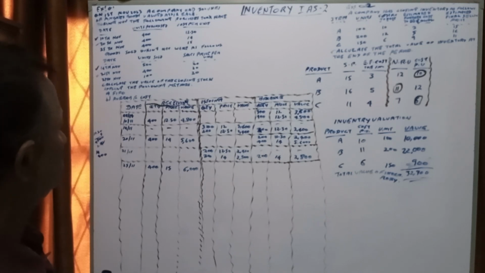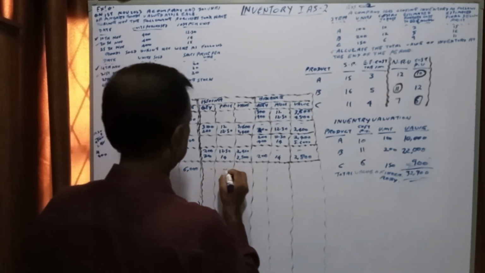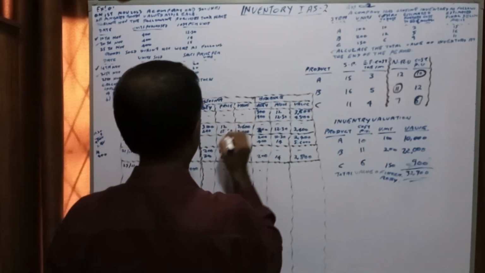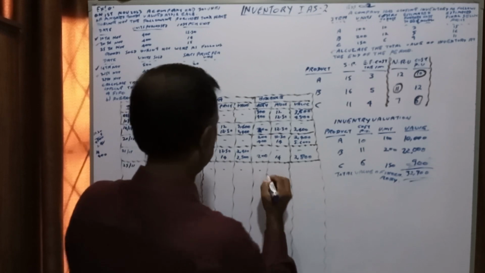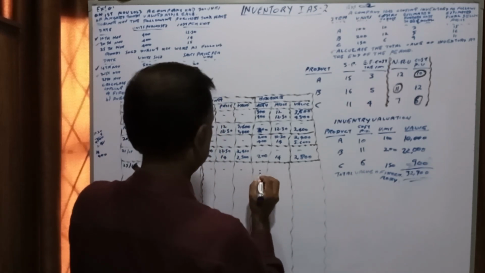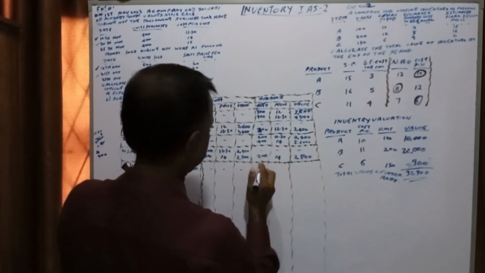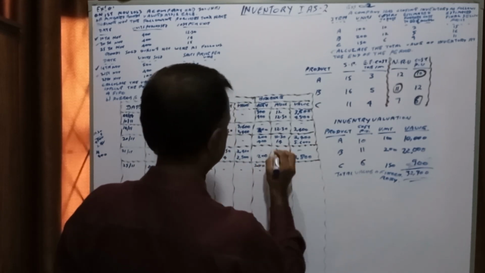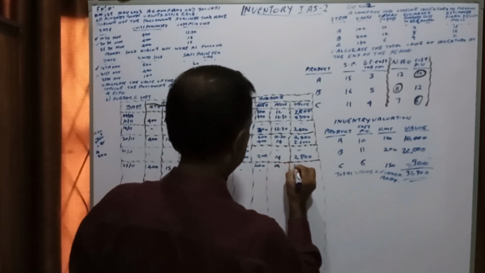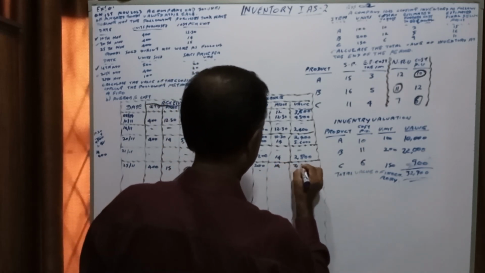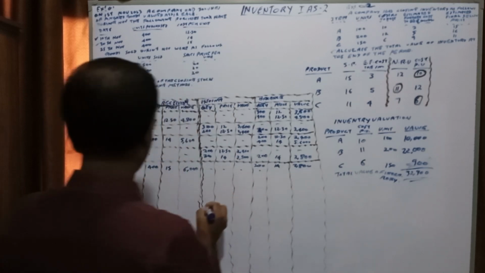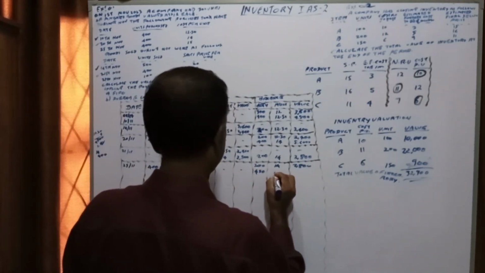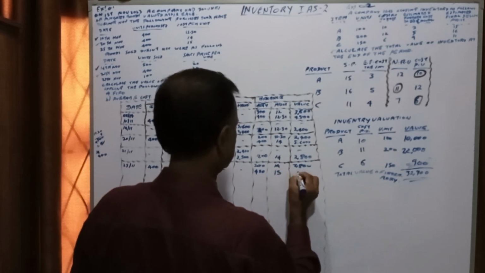Purchase cost is 6,000. So in the closing stock, you are bringing the 200 units from above at the rate of 14, which is 2,800, and 400 current purchases, 400 units at the rate of 15 rupees, that is 6,000.